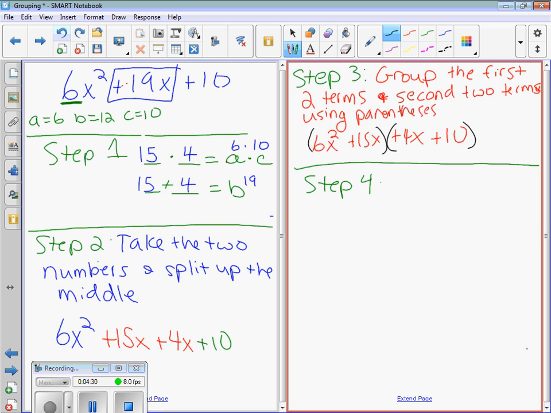That's step 3. Now, in the previous video that you watched, I showed you how to factor out the greatest common factors. So what you need to do now is factor the greatest common factor from each grouped expression.